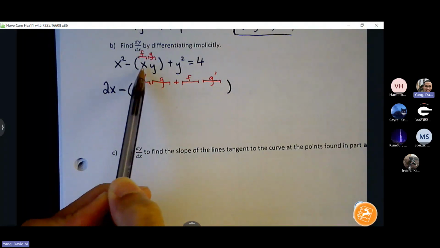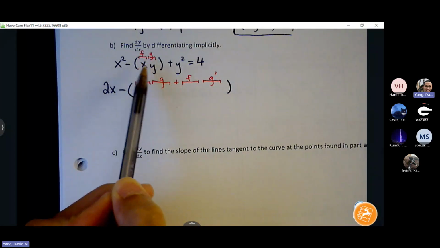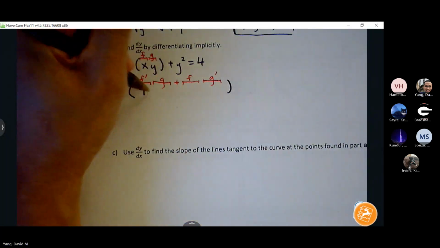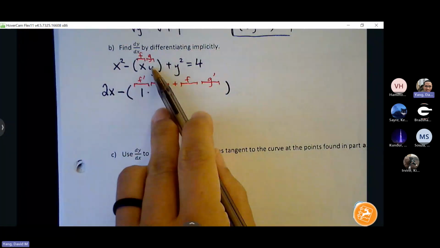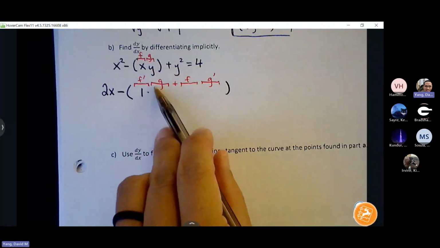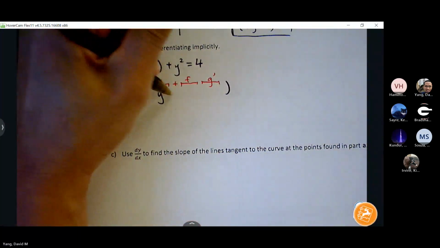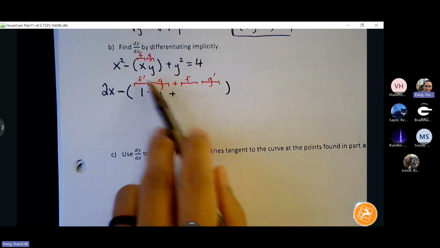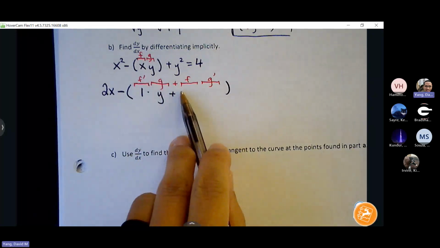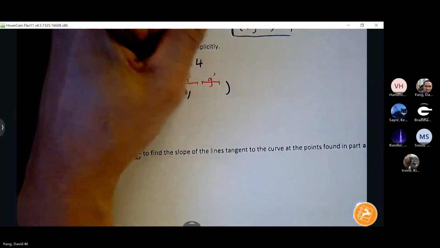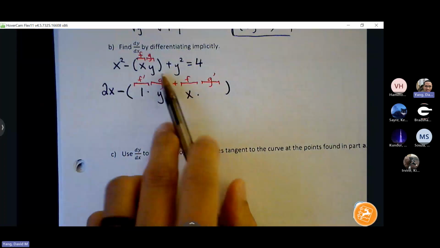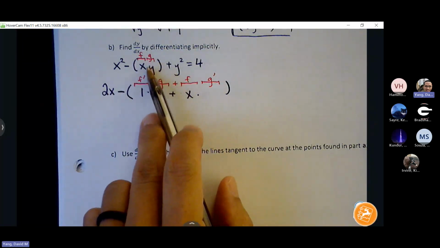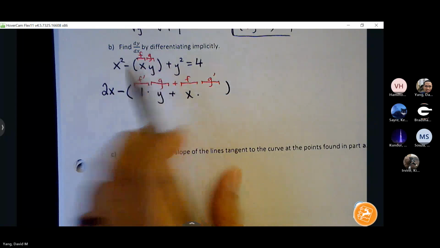F prime is asking for x's derivative, so x becomes 1. G is just the original G term, no changes. Back to F, x is just x. And then G prime, y's derivative is 1 dy dx.